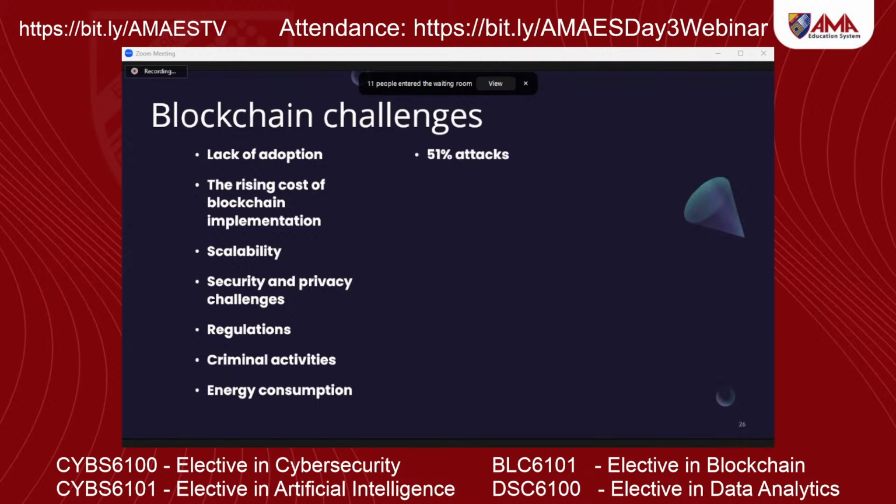Then blockchain challenges, 51% attacks daw. Then low workforce availability. Okay, so interoperability. It means ability of different systems, devices, applications, na hindi nag-effort yung mga users.